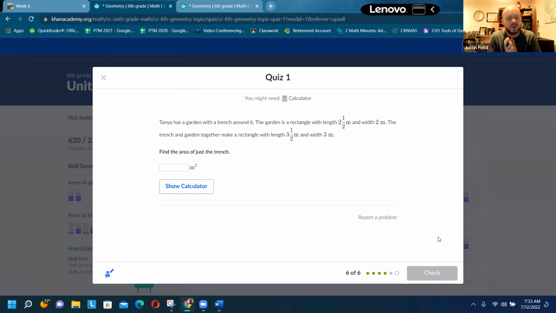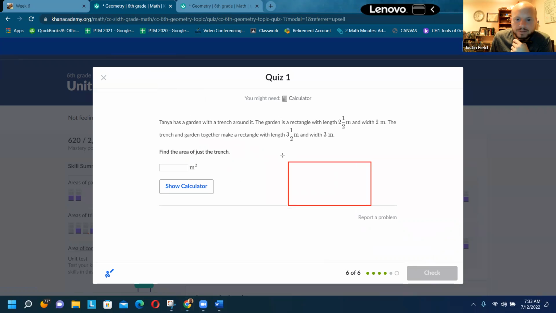Ooh, word problems. Tanya has a garden with a trench around it. The garden is a rectangle with a length of 2.5 meters, a width of 2 meters. The trench and the garden together make a rectangle with a length of 3.5 meters and a width of 3 meters. Find the area of just the trench. Okay. What we want to do is we want to draw a picture.